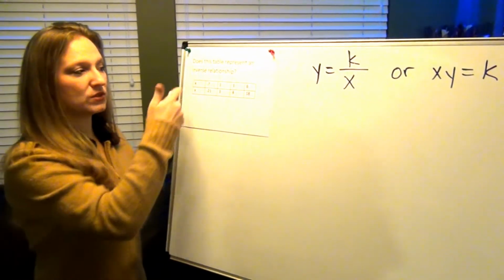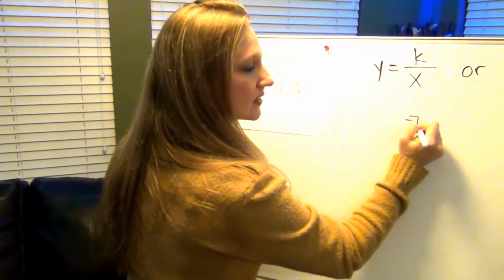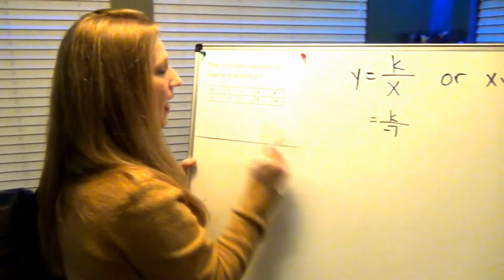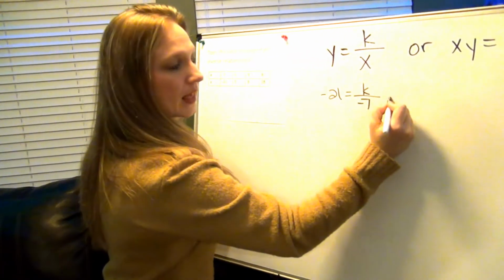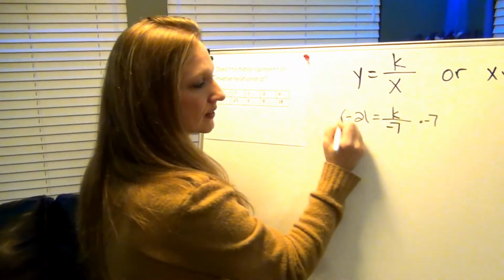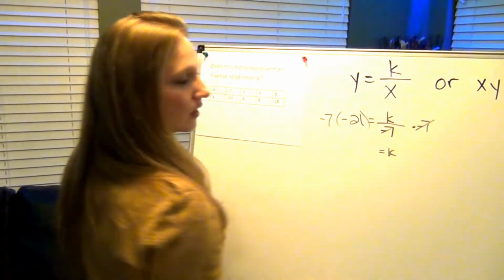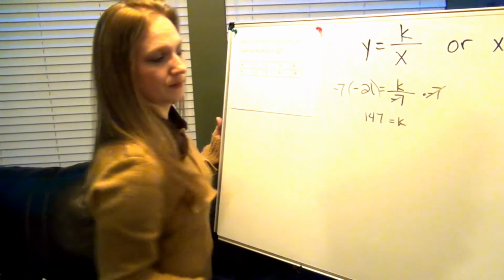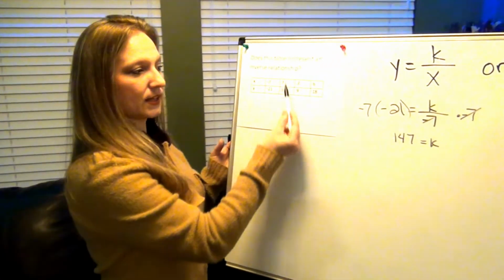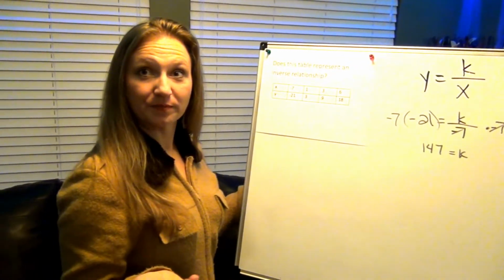So for example, if you didn't see already that that was happening, you could plug in -7 here for x and -21 in for the y. And when you multiply both sides by -7, you could see that this is 147. So the constant between these two values is 147.